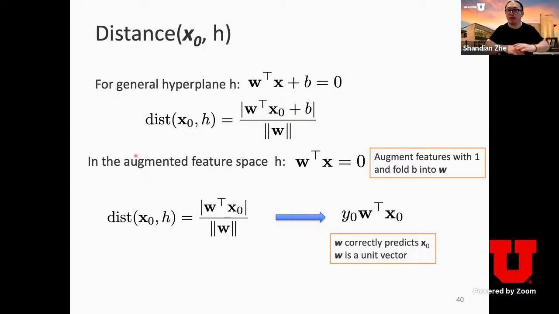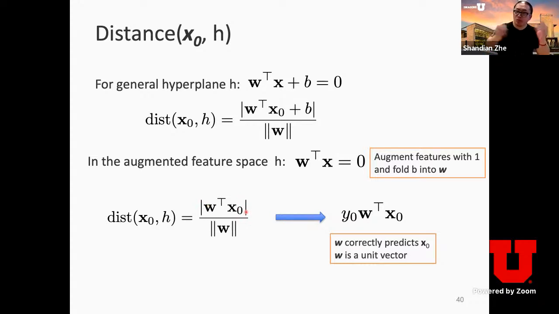But when we discuss and analyze the perceptron algorithm, because we have used the notation simplification trick, where we have folded the bias b into w, our separating hyperplane, or the classification boundary, is represented simply by this inner product being 0. And then by applying this standard formula to calculate the distance between an arbitrary point in the augmented feature space and this hyperplane, it will now become this.